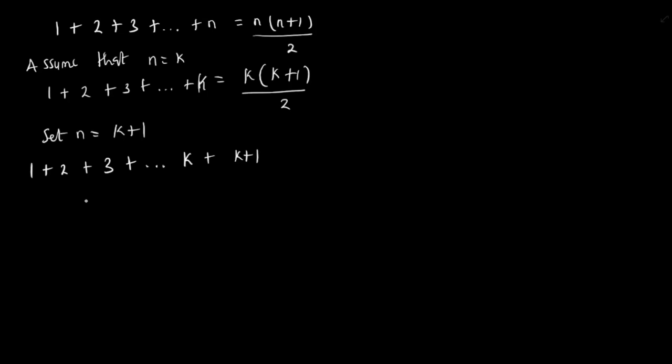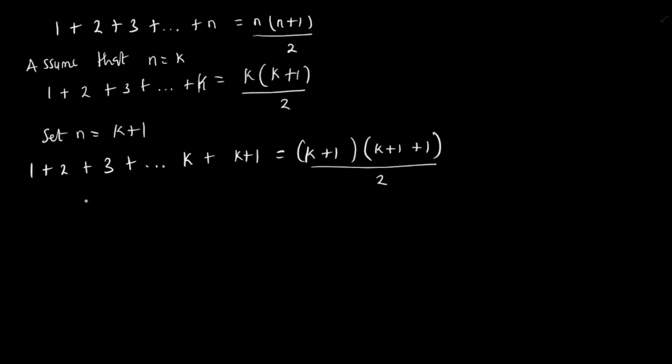If n is 5, then k plus 1 will be 6, right? So this equals k plus 1, because anywhere we see k, we have to substitute it with k plus 1. So we have (k+1)(k+1+1) over 2.